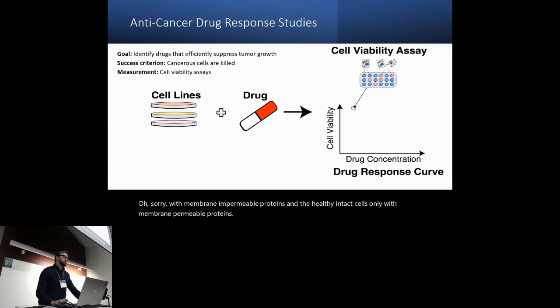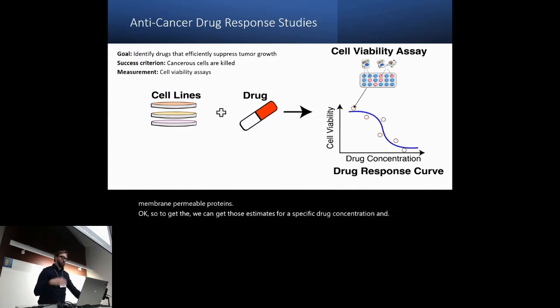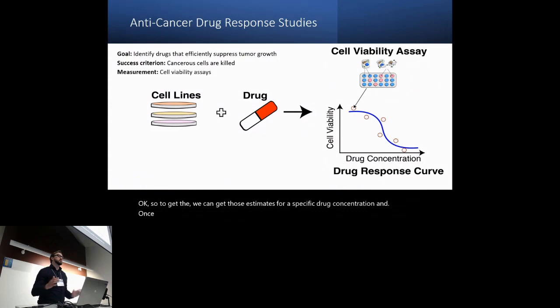Okay, so we can get those estimates for a specific drug concentration, and once we vary our inputs, making sure that our region of interest for the drug concentration is covered, we fit a drug response curve.